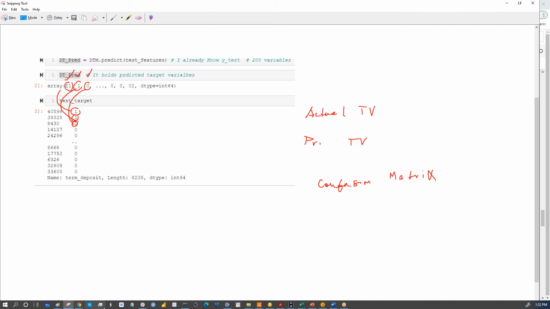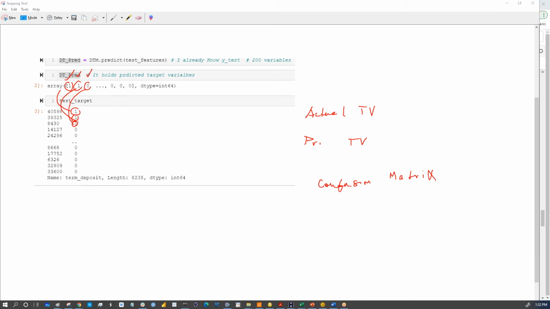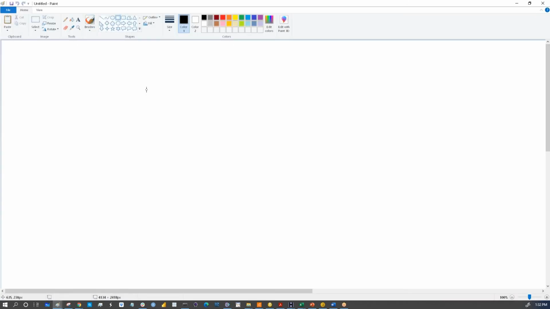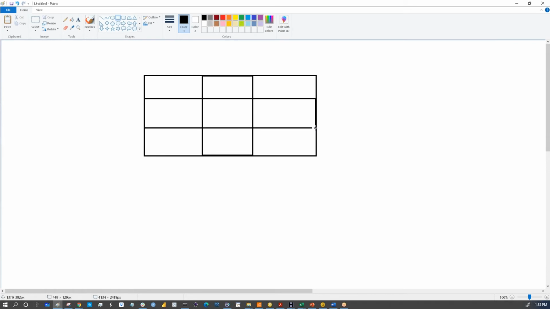So let's design a confusion matrix. A confusion matrix is simply comparing the actual target variable of the testing set with the predicted target variable of the testing set.